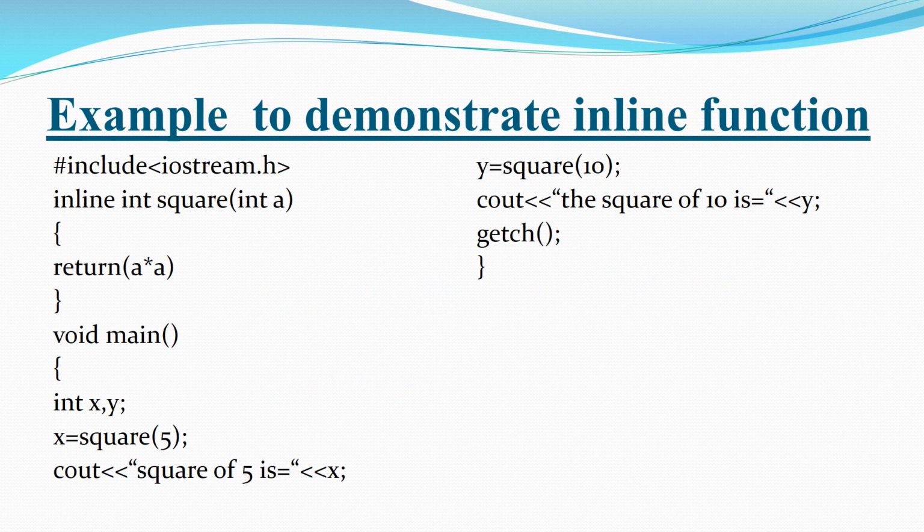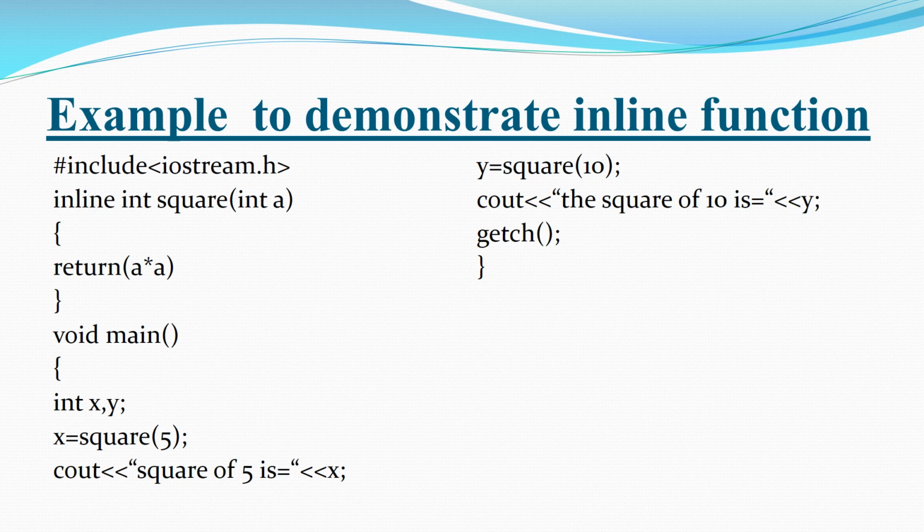Here we have a small example to demonstrate an inline function. This is a program to find the square of a given number. In this program, we are going to find the square of two numbers using an inline function. Let us see how we implement an inline function in this program.